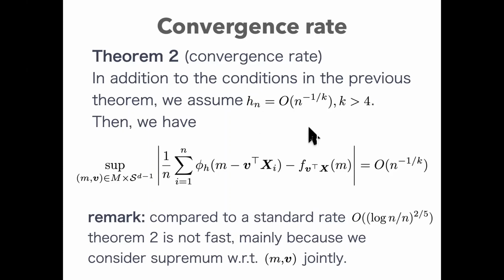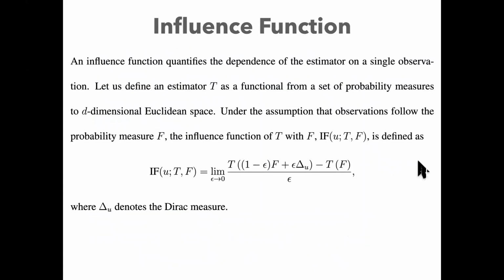Okay, these are the results for the convergence property, and our next result is our derivation of the influence function of the estimated minor component vector. That is, we can evaluate the effect of an outlier on the estimated minor component. The influence function is theoretically important to characterize the robustness of estimators, and it also plays an important role in the theory of linear estimators.